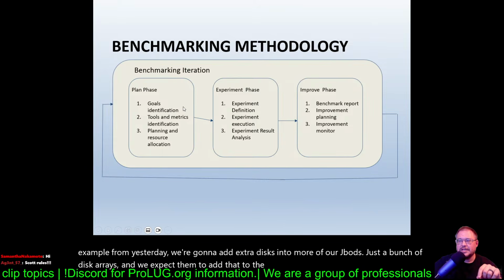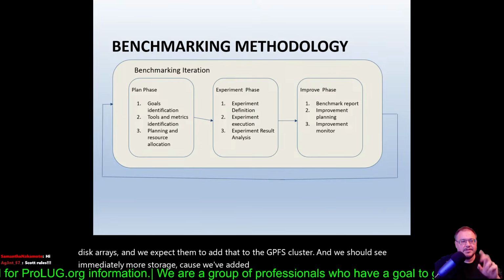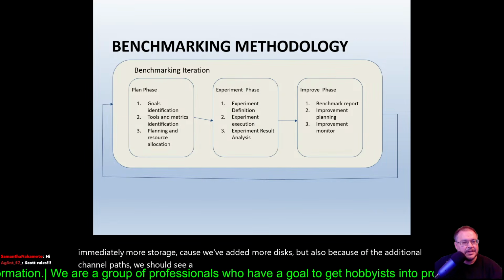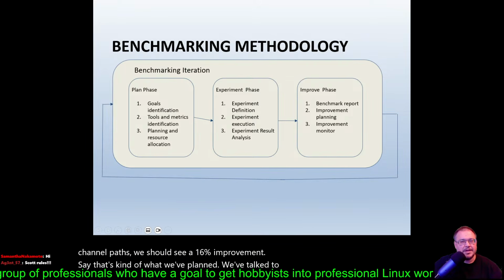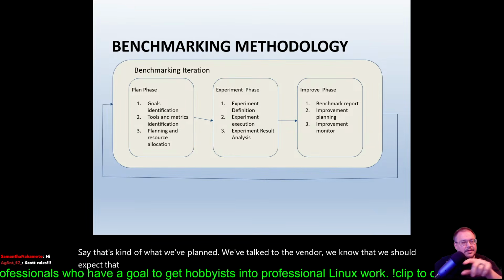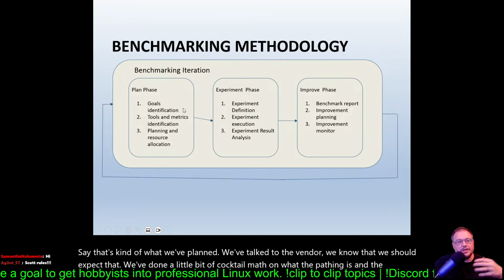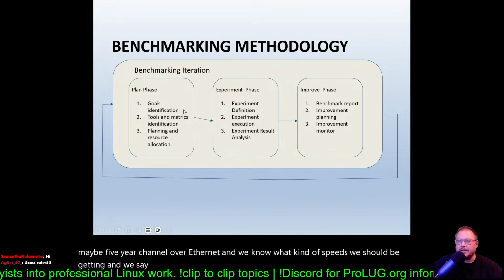We should see immediately more storage because we've added more disks. But also, because of the additional channel paths, we should see a 16% improvement, let's say. That's what we've planned. We've talked to the vendor, so we know we should expect that. We've done a little bit of cocktail math on the pathing, maybe Fibre Channel over Ethernet, and we know what kind of speeds we should be getting. We say this is about what we expect.